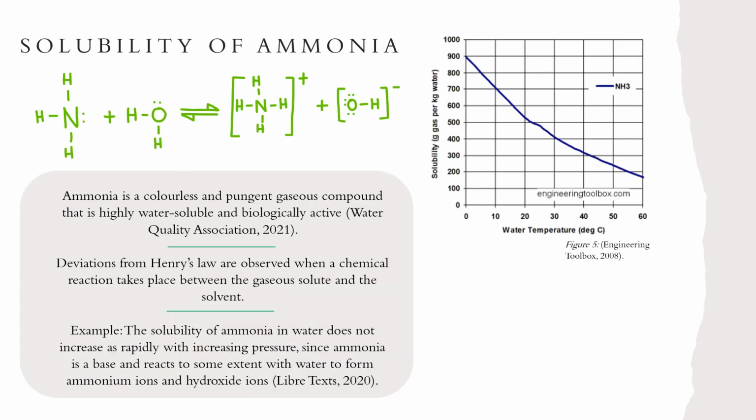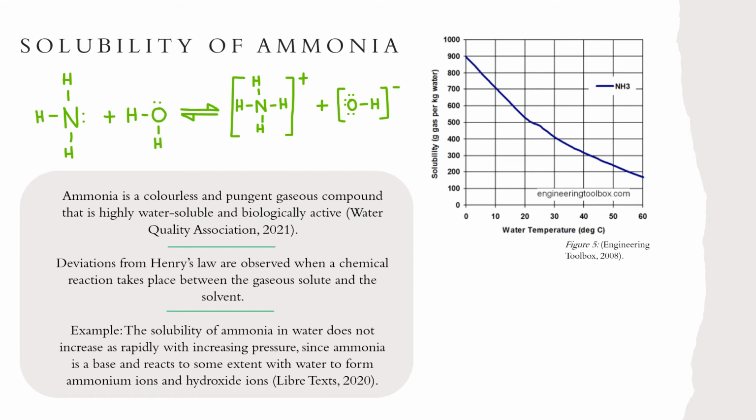Looking at the solubility of ammonia in water, you can see the same relationship here, where as the temperature increases, the solubility decreases. So ammonia is a colorless and pungent gaseous compound that is highly water-soluble and biologically active.